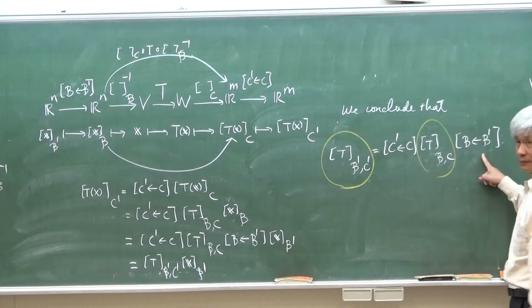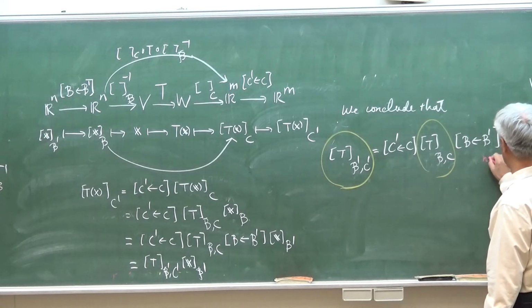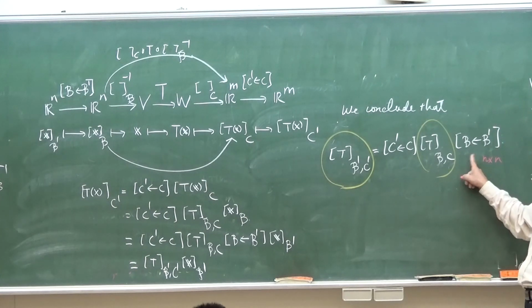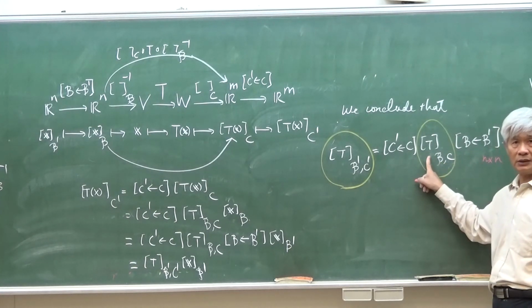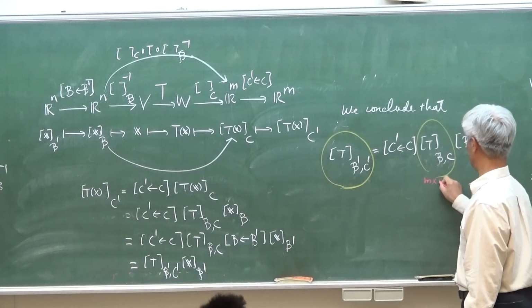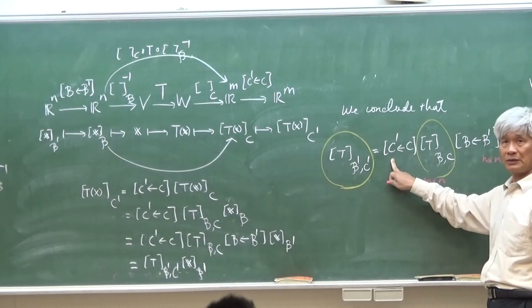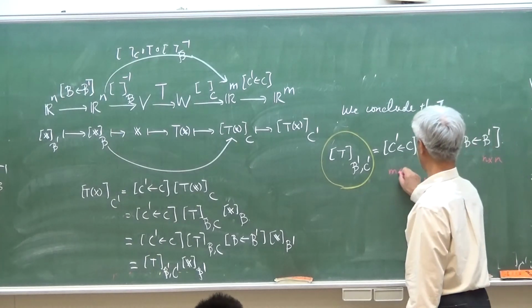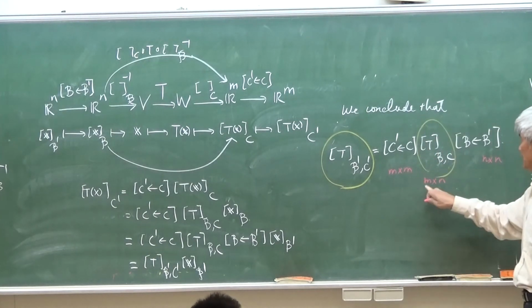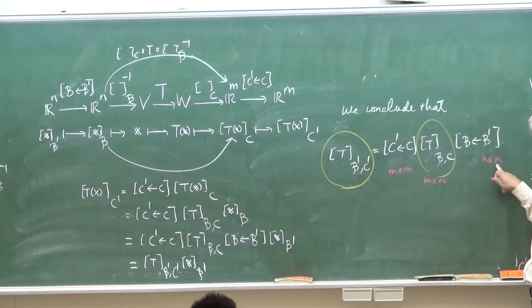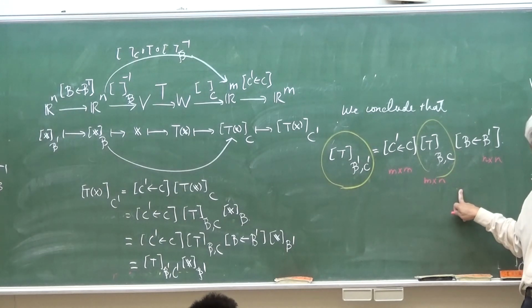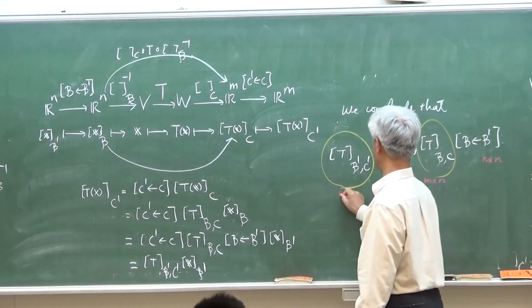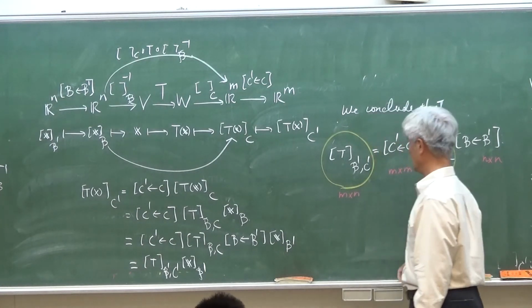What is the dimension of this matrix? This is n times n. What is the matrix representation here? This is m times n. And what is this coordinate change, this transition matrix for coordinate change? This is m times m. So m times m, m times n, n times n. So the dimensions match each other. And finally, this is m times n.